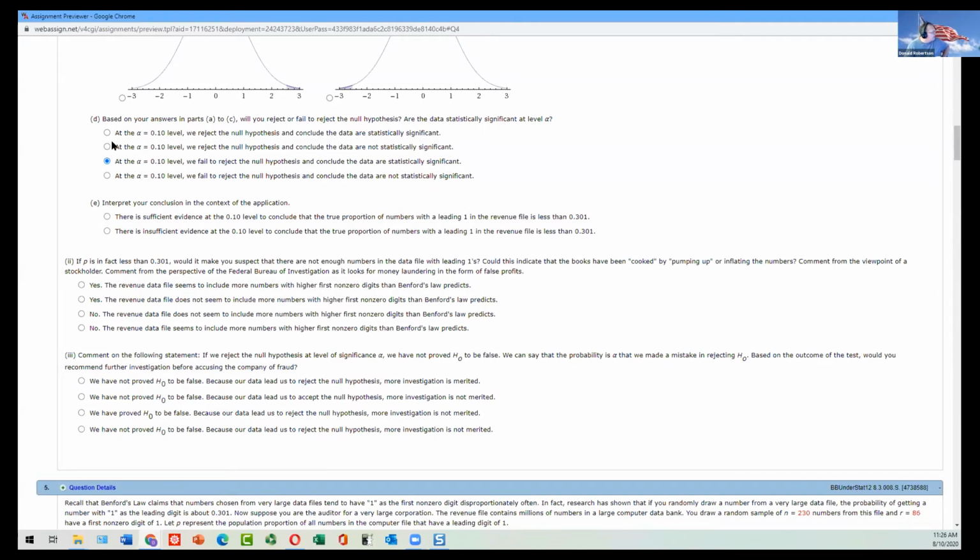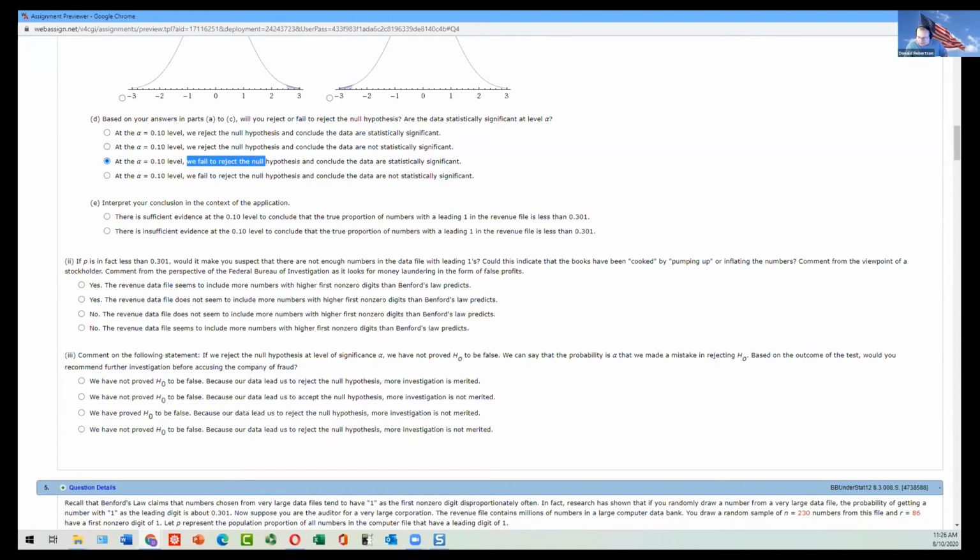So what are we going to do about this one? At the 10% level, we reject the null hypothesis and conclude that it's significant. And that's the answer. What about this one? At the 10% level, we fail to reject. Do you see the only difference here is, do you reject the null or do you fail to reject the null?